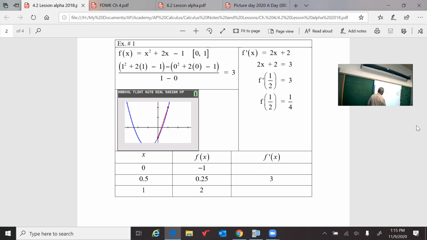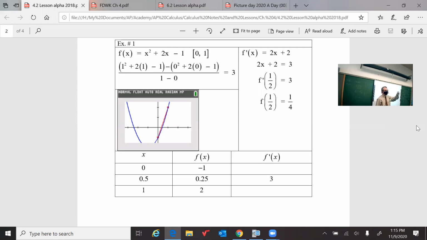Here's my table. At 0, cover-up method, the function gives you -1. At 1, 1 squared plus 2, take away 1, gives you 2. So the average change is 2 take away a negative 1, which is 3, over 1 take away 0. The average change is 3.